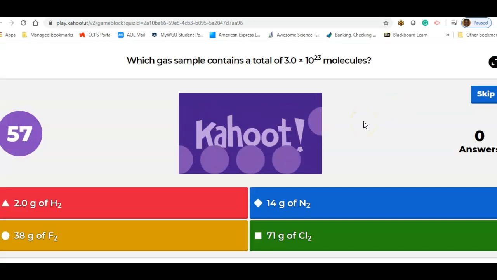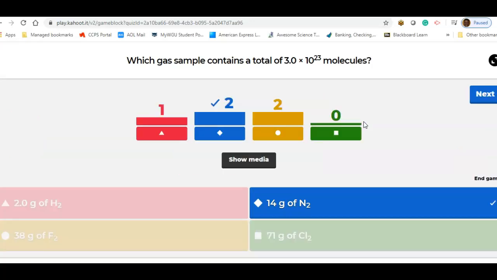This is a similar problem. Check it out. Which gas contains this?